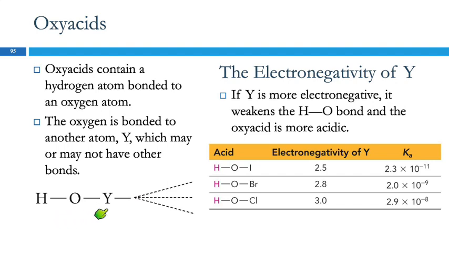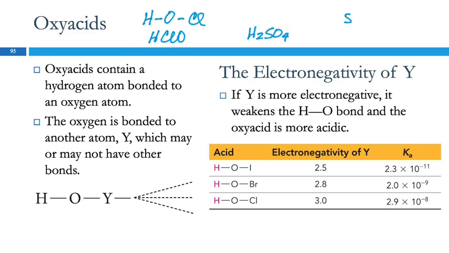It's not something we learned about in detail, well, we kind of did, but it was not emphasized. If you have, say, hypochlorous acid, it's HClO. The hydrogen is bonded to an oxygen.